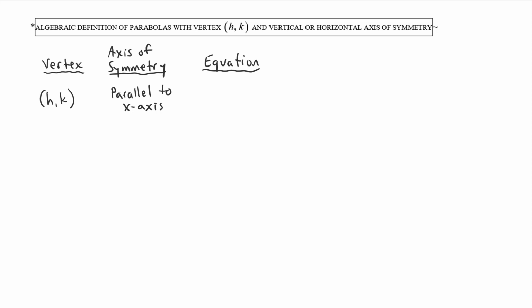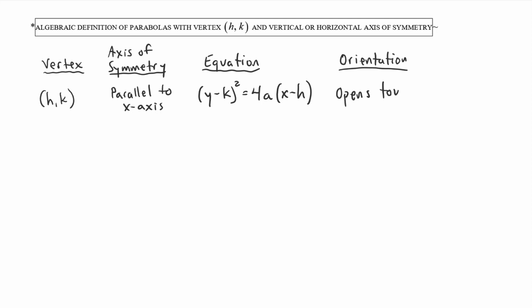If it opens to the right, its algebraic definition would be y minus k quantity squared equals 4 times some constant a times x minus h. And this is going to open towards the right.